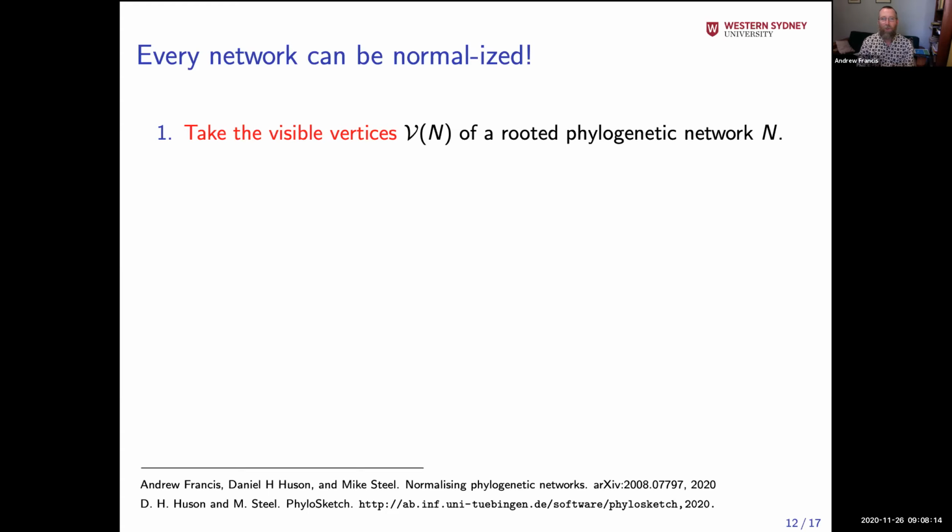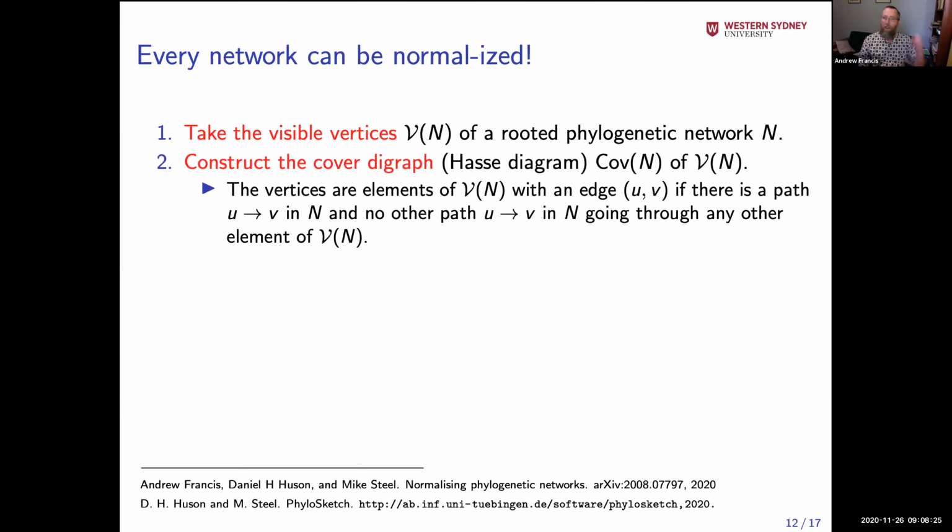The algorithm for constructing this normalized network, or normalization, is very simple. You take your rooted phylogenetic network, you take its visible vertices, you construct the cover digraph or Hasse diagram, and these were also mentioned yesterday, I think, in Michael Hendriksen's talk.